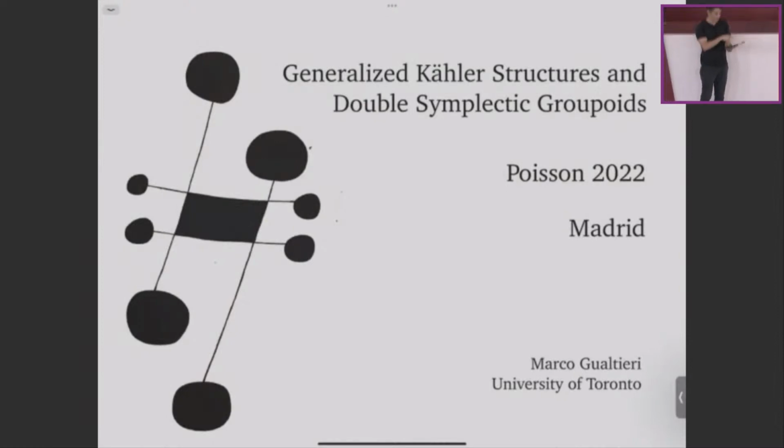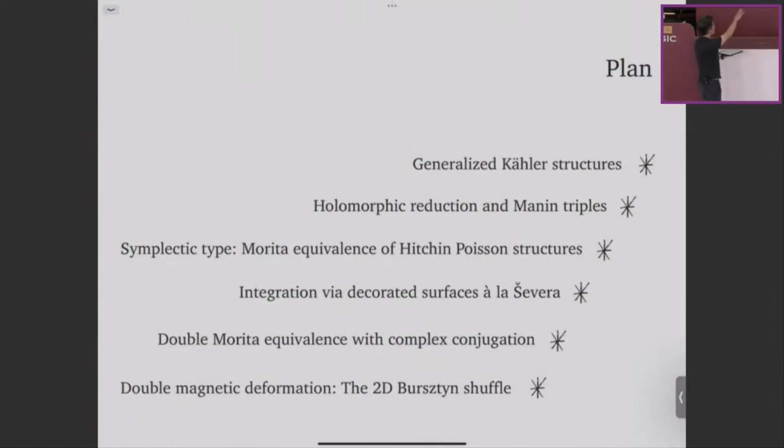So this is what I will speak about: the kind of amazing appearance of symplectic groupoids and double symplectic groupoids in the topic of generalized Kähler geometry, which really has its origins in physics and in the study of two-dimensional supersymmetric sigma models. So the plan is, I'm going to just explain basically what a generalized Kähler structure is, and then we'll immediately go and extract all of the holomorphic data that a generalized Kähler structure contains.